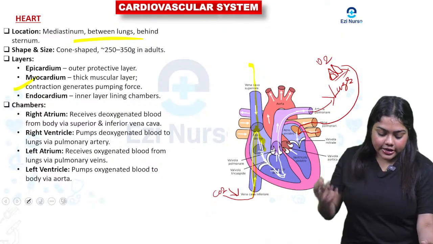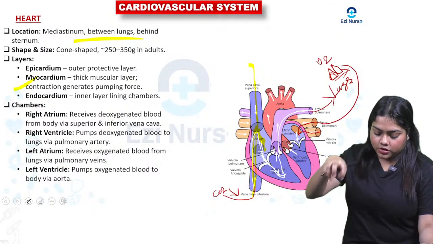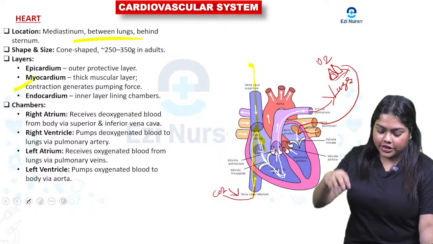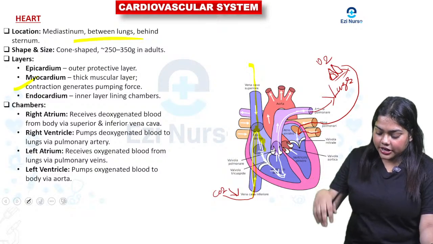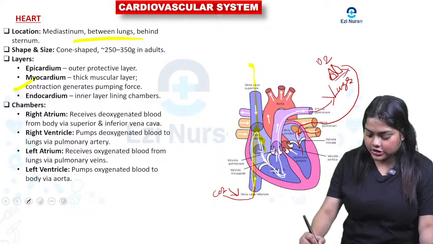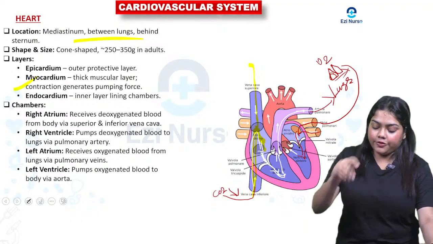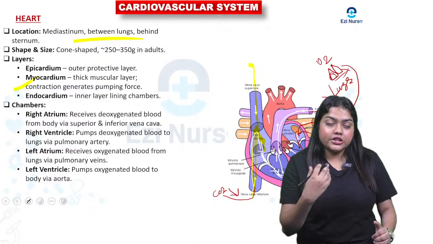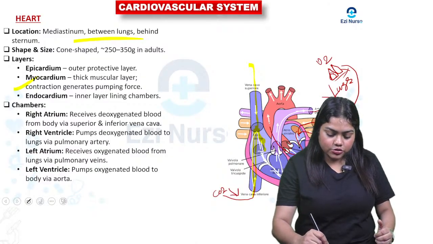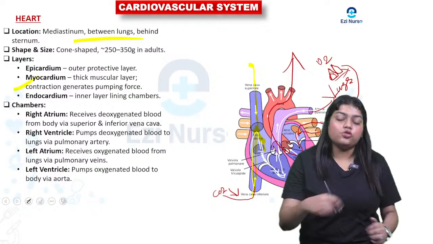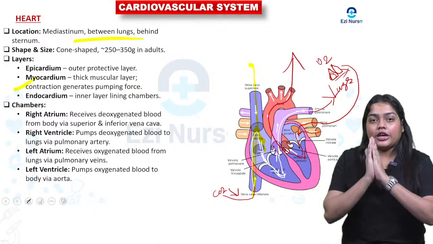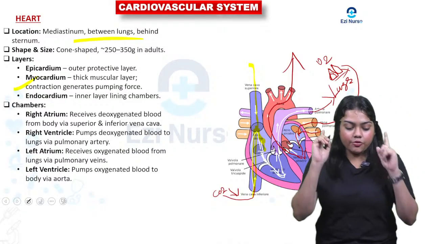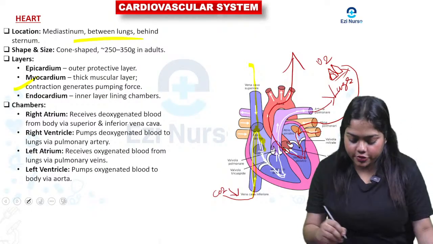Now from the left atrium, it pumps the oxygenated blood into the left ventricle, and the left ventricle pumps the blood through the aorta to spread it to the whole body. I hope you guys have understood. Once again, I am clearing it up.